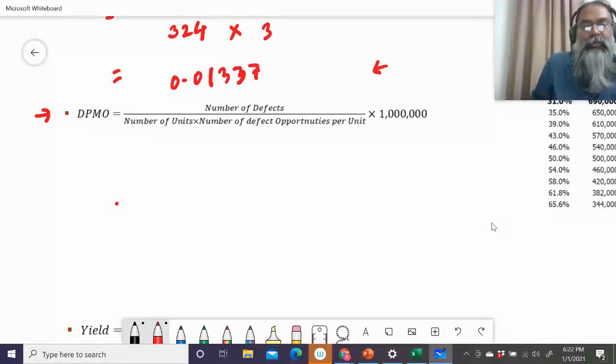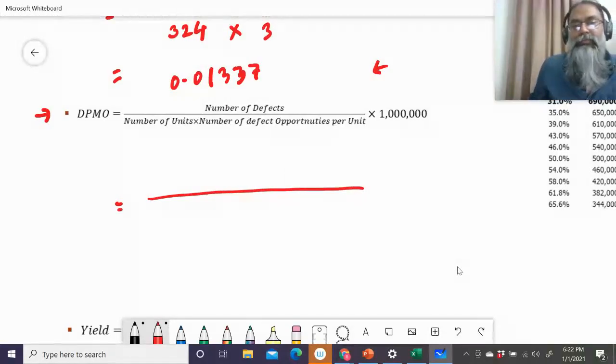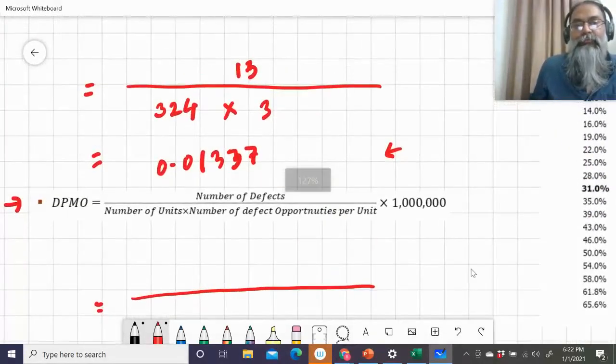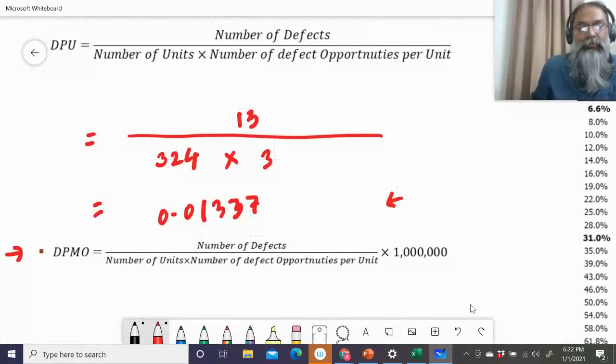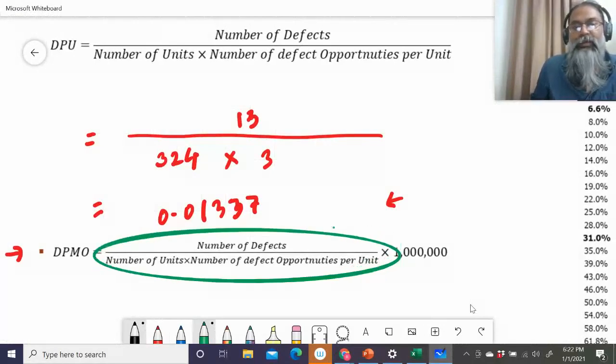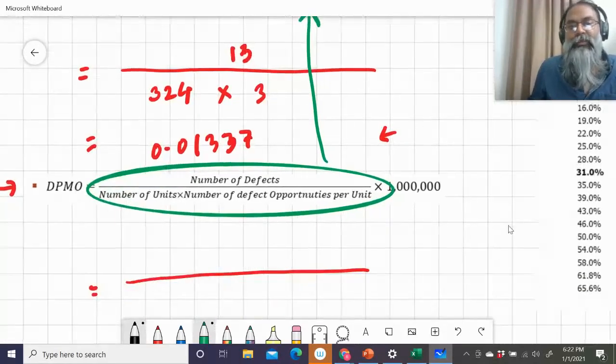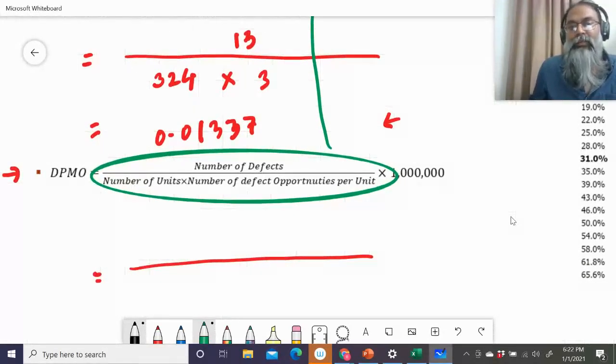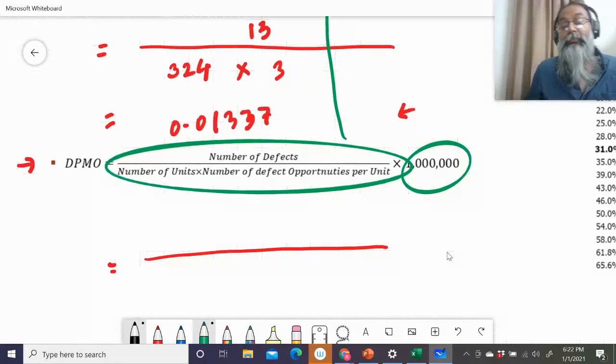In this case, you can see it is the same formula that we applied in the first part here. You can see this particular part is the same as this one. The only difference is we are now multiplying it by a million units. That will give us the defects per million opportunities.